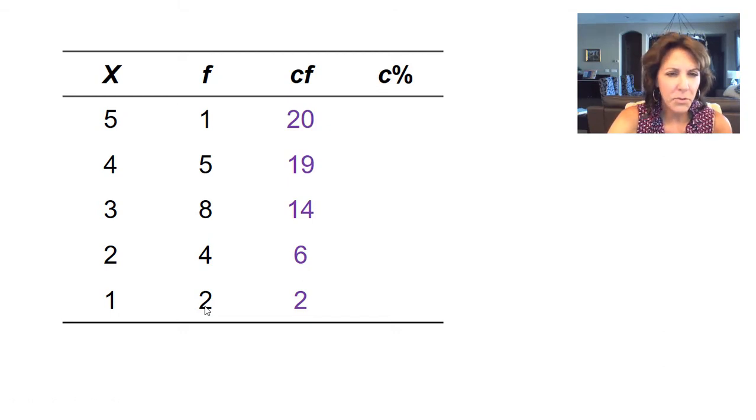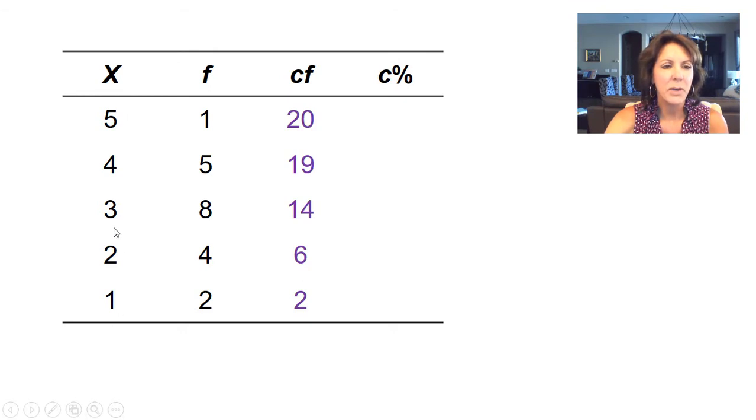So how many people are there total so far? There are 2, right? But if you add up the number of people that have a score of 1 or 2, that's 2 plus 4, which gives us 6. This is the cumulative frequency. We accumulate to have 6 people by this point. All right, so what is the cumulative frequency for 3? Well, we add 2 plus 4 plus 8, and that gives us 14.